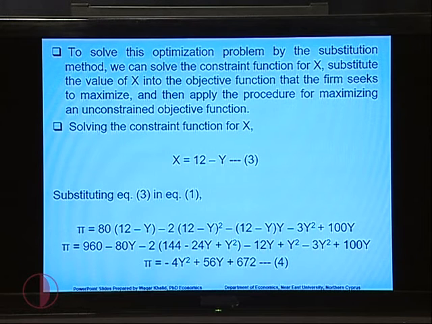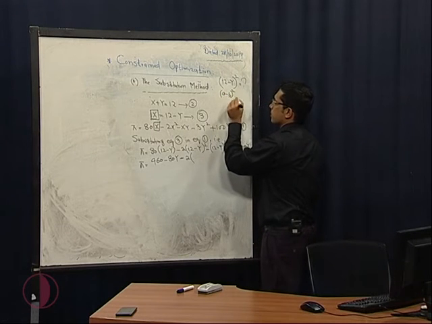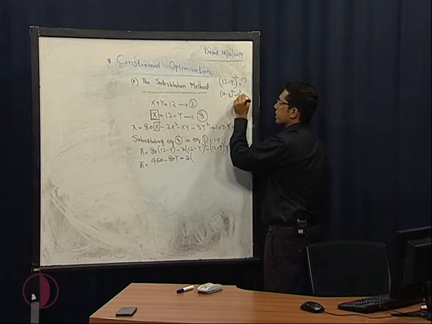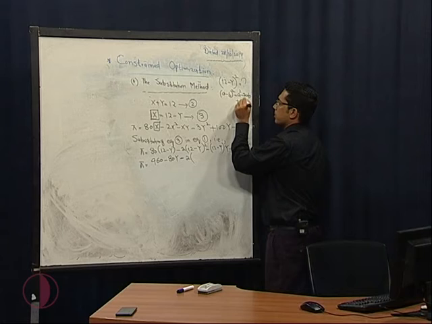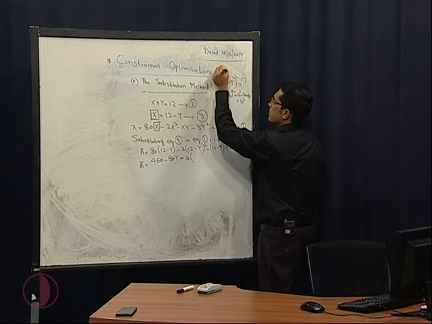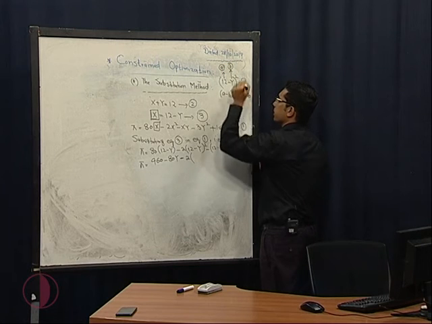How to solve this? We can solve this by using the (a minus b) whole square formula. So, we can write it as a square minus 2ab plus b square. So, this is a, 12, and y is b.